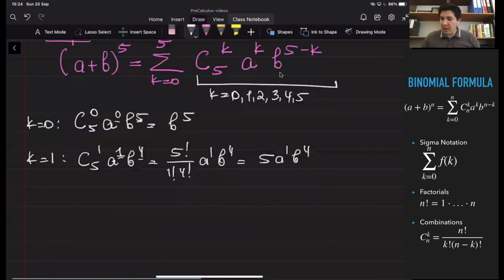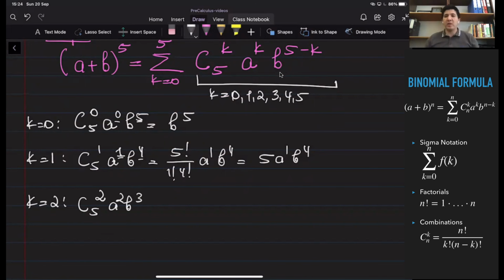When k is equal to 2, it is going to be C(5, 2), a^2, b^3. Again, the sum of the powers of a and b is equal to 5. So C(5, 2) is 5 factorial divided by 2 factorial and 3 factorial. We've just calculated this when we introduced the combinations formula, right?